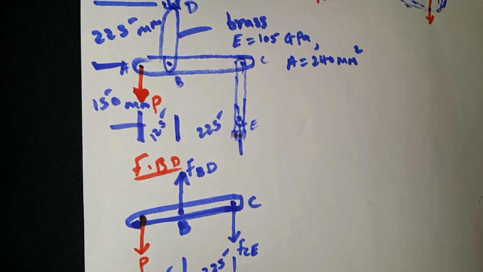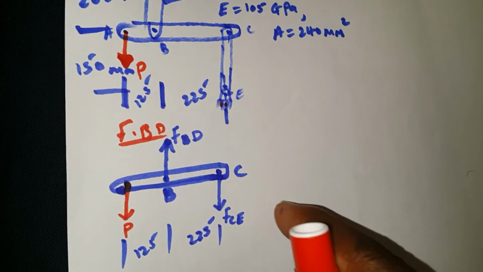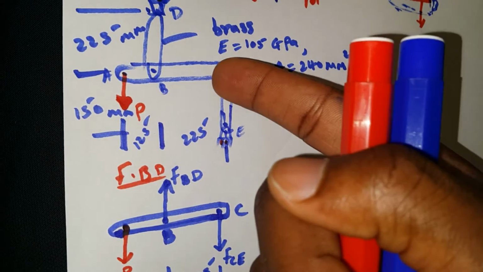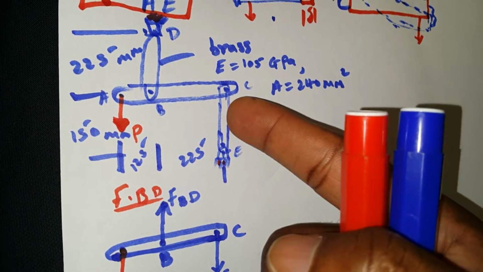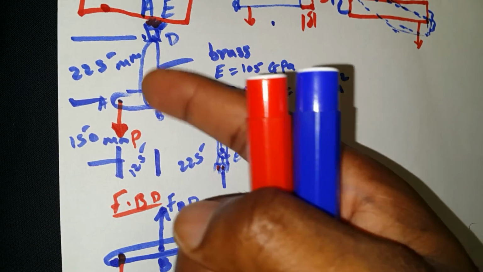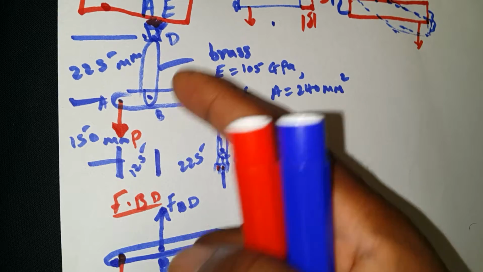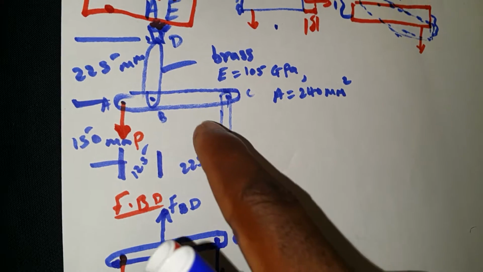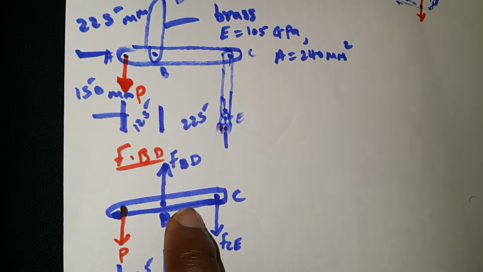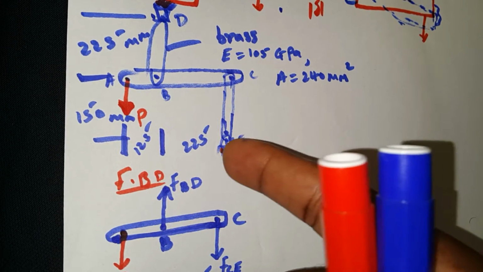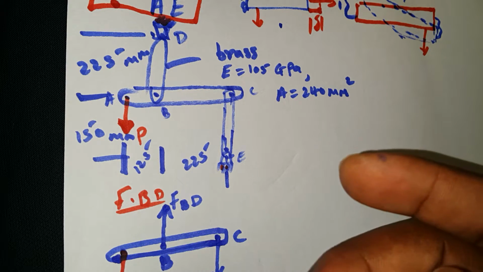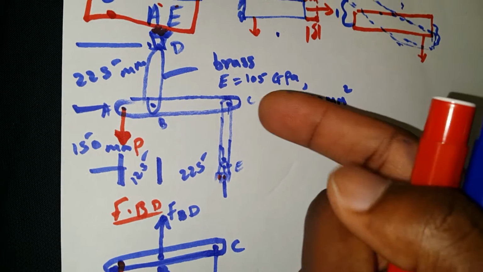Okay. Now, we already have this. You see, when some students have a member like this, they don't know what to do. So the best thing for you to do here is just to draw the free body diagram. Do not draw the whole thing.